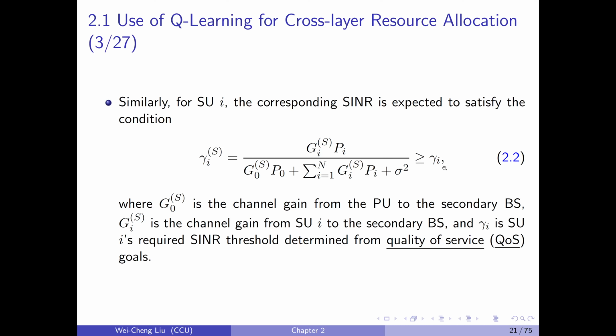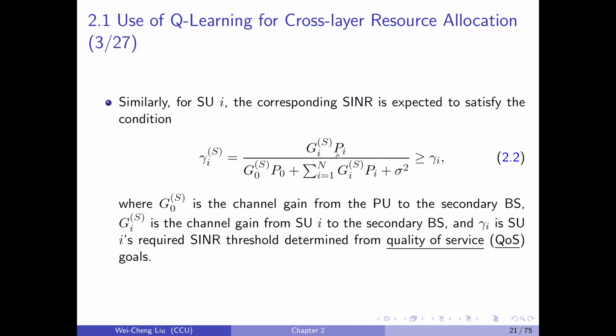Okay, here is gamma I. And we have introduced the meaning of quality of service QoS. If you forget, please look at the handout of chapter 2. Okay, this is equation 2.2.